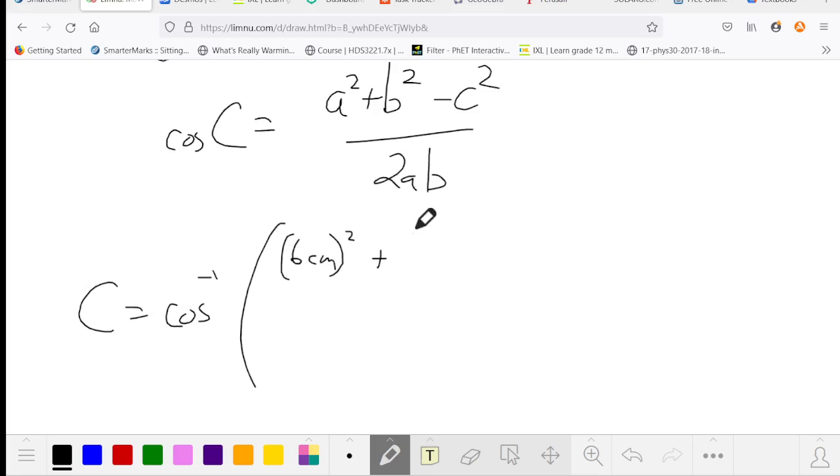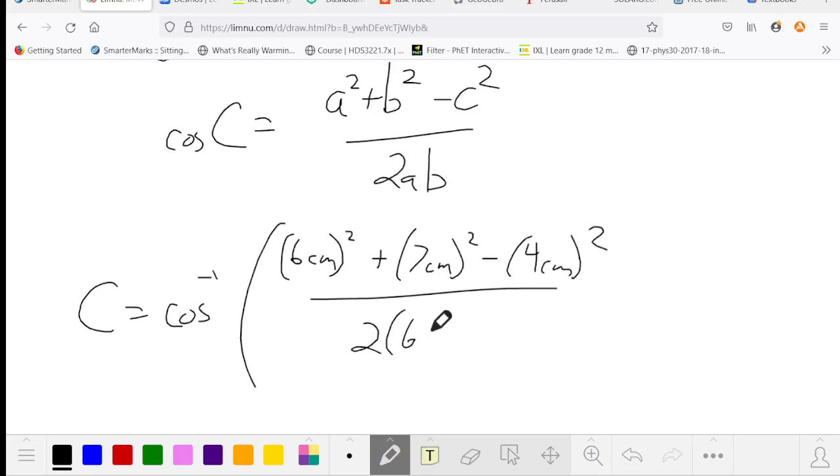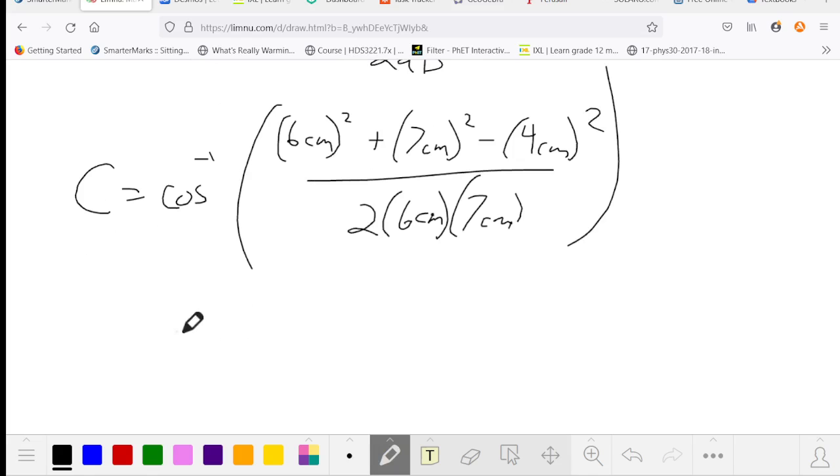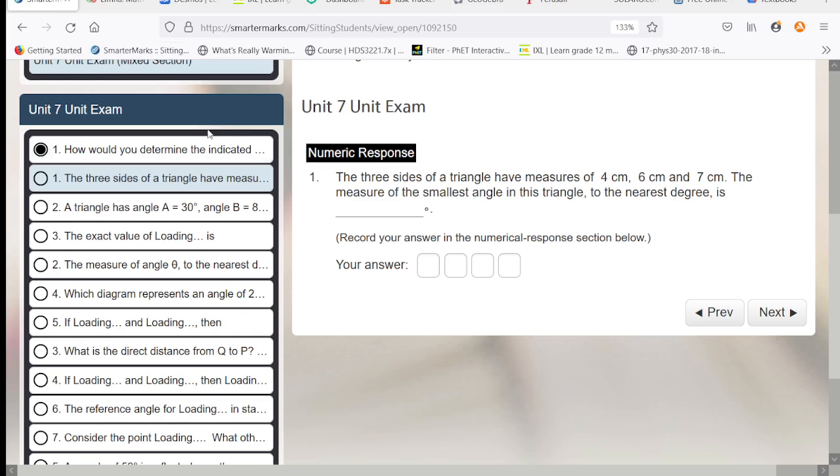Now the 6 and 7 here are interchangeable. So then angle C, running through our calculator, works out to 35 degrees.